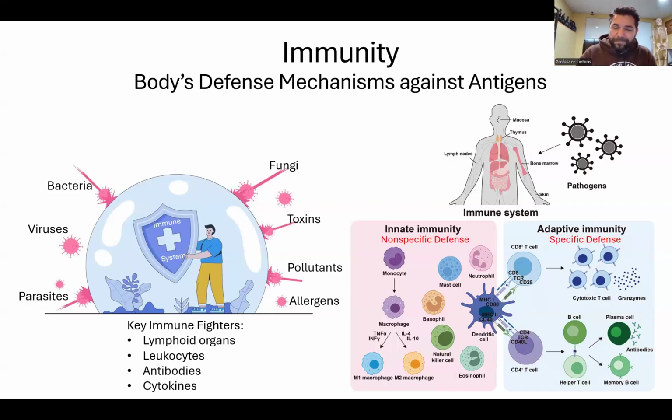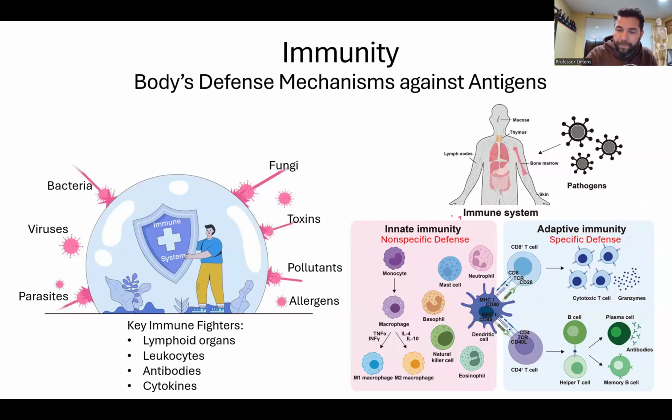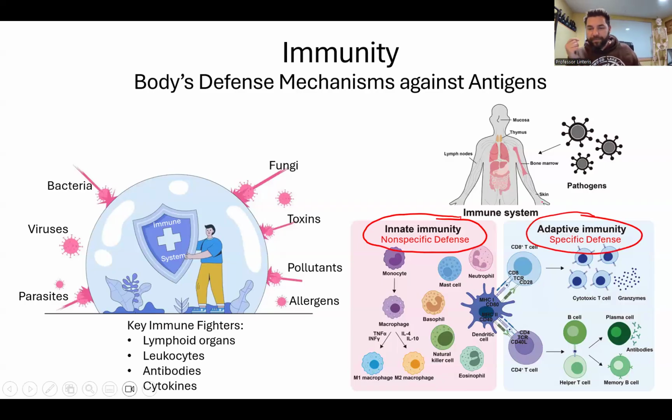Speaking of which, we have two general categories of immunity. We have innate immunity and we have adaptive immunity. These are both designed to detect pathogens. A pathogen is anything bad that's trying to come in and get you sick, more or less, right?